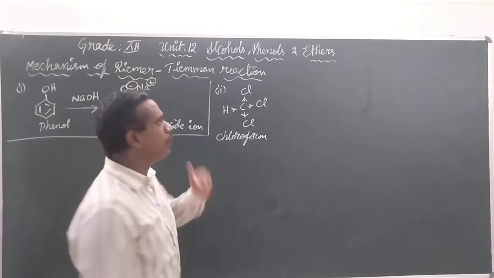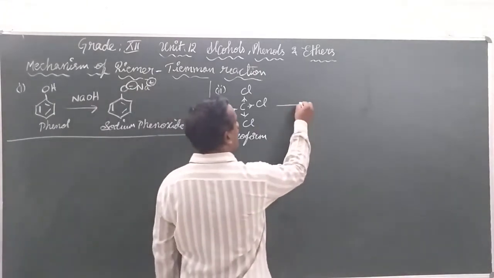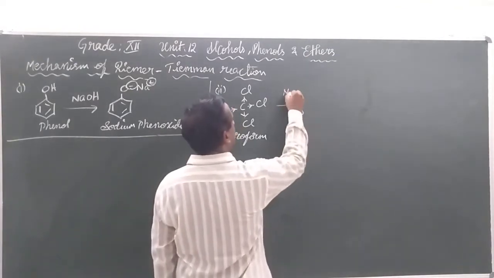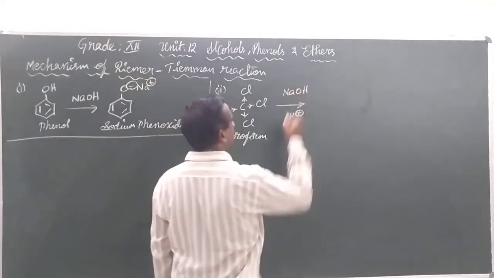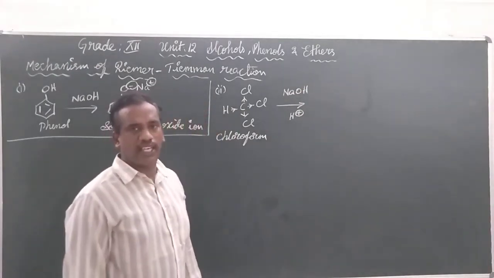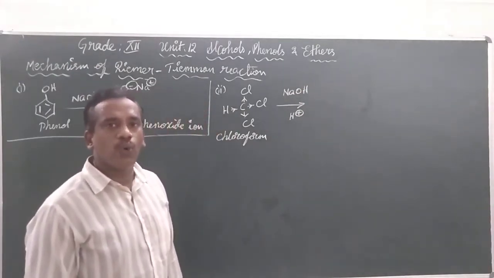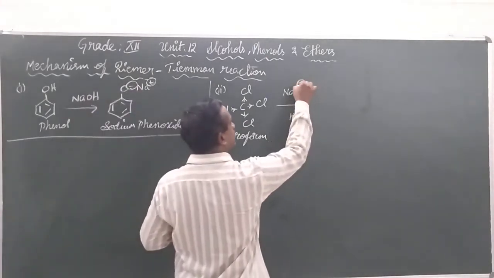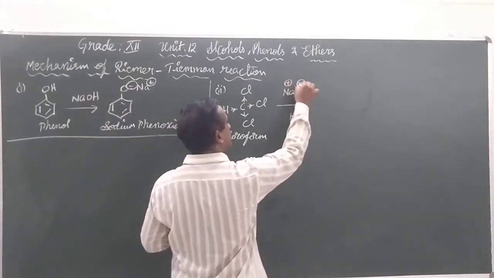It is going to leave in the form of H plus ion. When will this happen? Once we add the sodium hydroxide, it is going to dissociate into Na plus and OH minus.